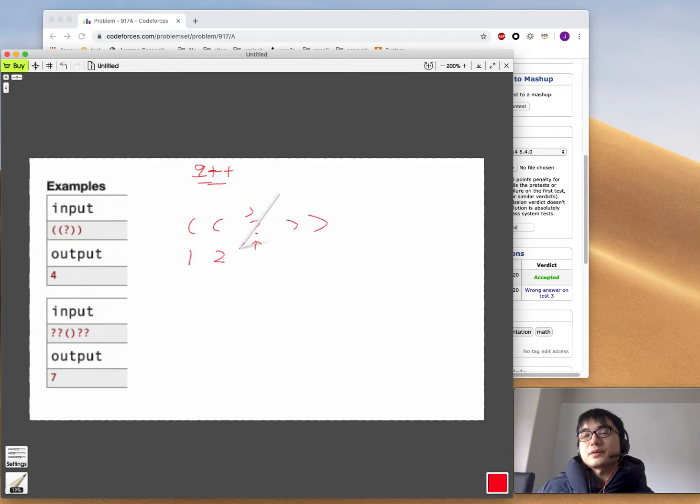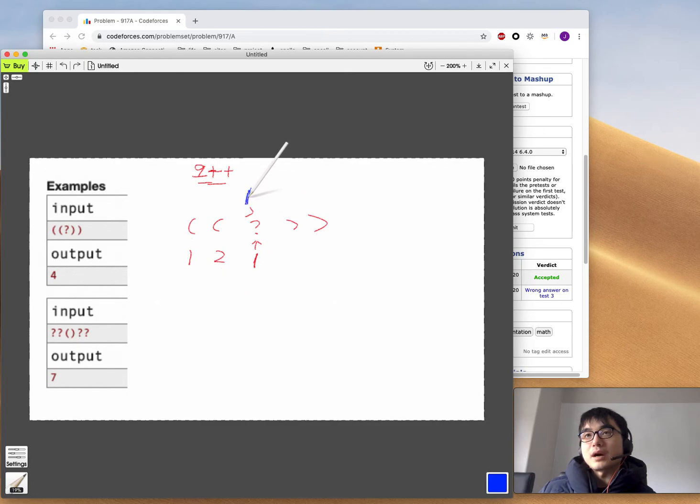So at this point, because we replace a question mark with the right parenthesis, the counter of left parenthesis is decreased by 1. So currently it's 1 now. And also the question mark counter is going to be 1, right?